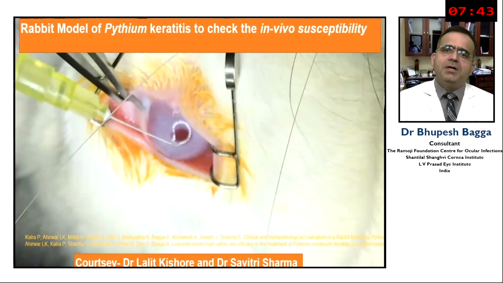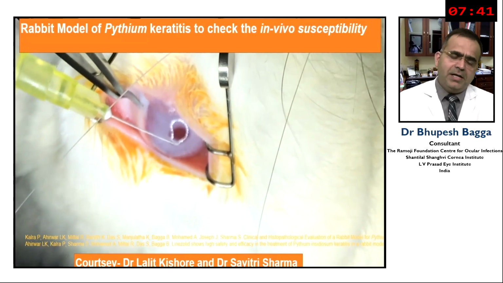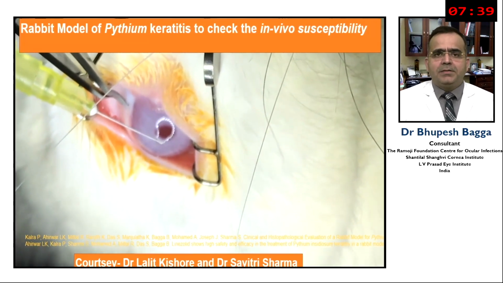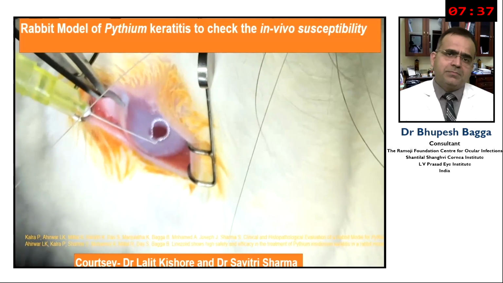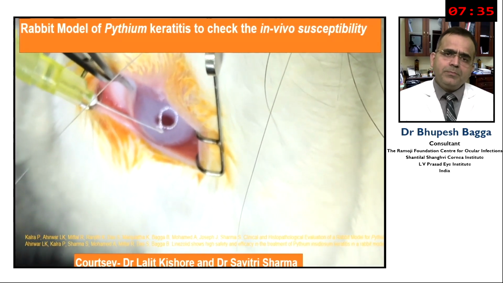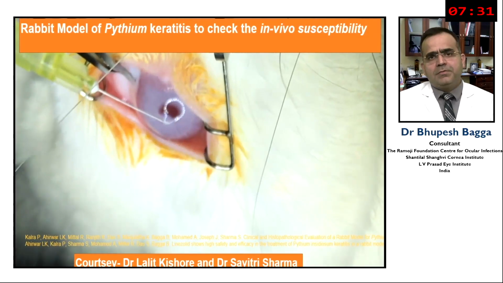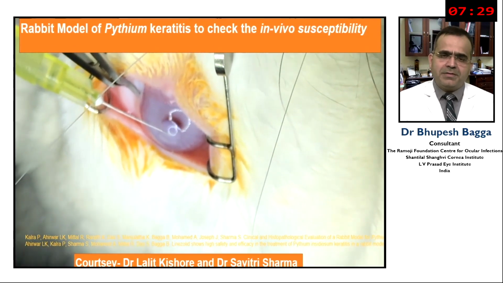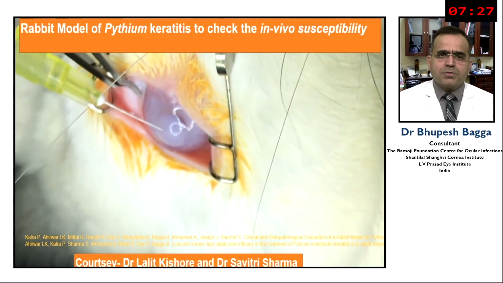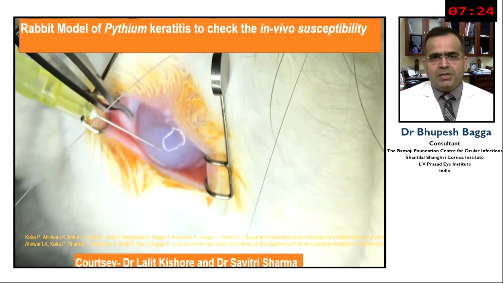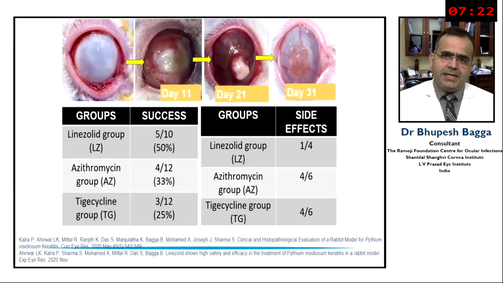Dr. Savitri Sharma led this trial, and as we can observe here in this video, the rabbit cornea was used for making an in vivo model of Pythium, where we injected zoospores intrastromally in the cornea and then treated with these antibiotics.